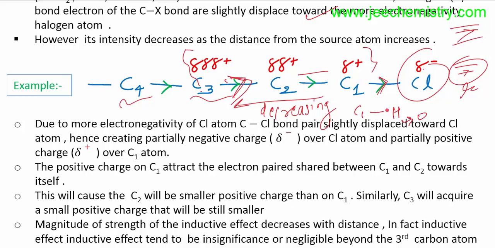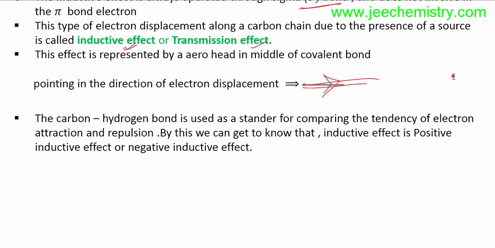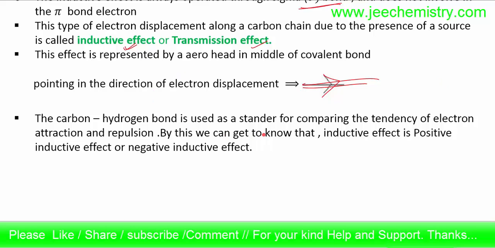If chlorine comes in the place of hydrogen, it will attract more electrons, so it is called a negative inductive effect. If any group comes which releases electrons, then it is said to be a positive inductive effect group. Positive and negative inductive effect groups are compared taking the carbon–hydrogen bond as the standard.